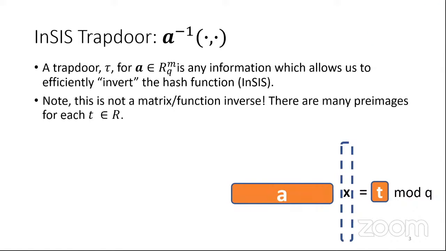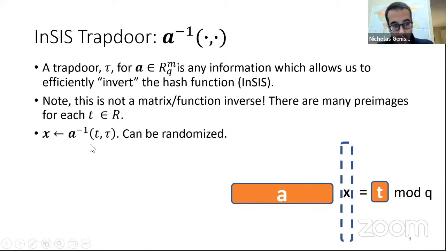In the literature, we usually write this as A inverse, where the two inputs are the target and the trapdoor information tau. And really, I say it can be randomized in the slide, but it's always randomized. We're going to be doing some discrete Gaussian sampling over the pre-images for each T. It's important that there are a lot of pre-images for each target too.